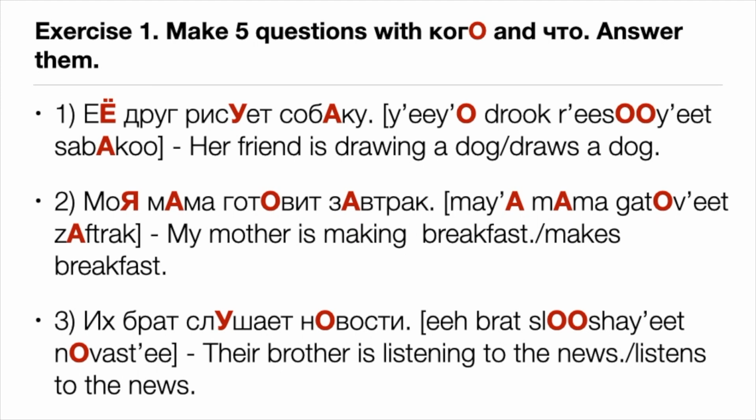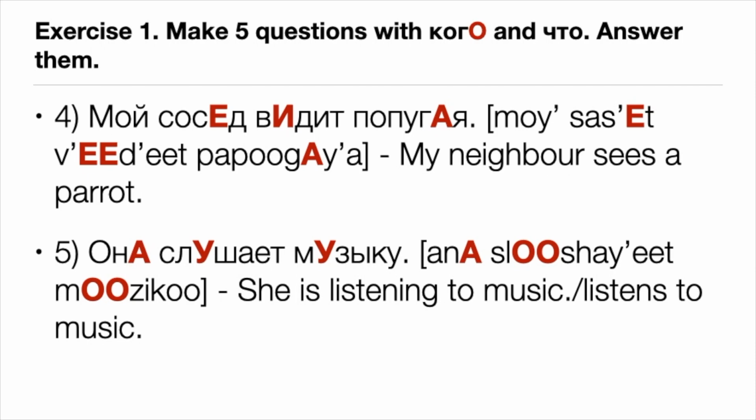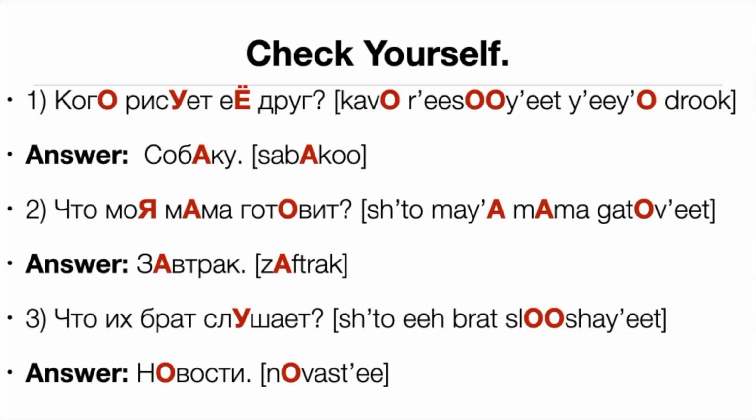Exercise 1. Pause the video and make questions with кого and что and answer them. Check yourself. Number 1. Кого рисует ее друг? Answer: собаку. Number 2. Что моя мама готовит? Answer: завтрак.